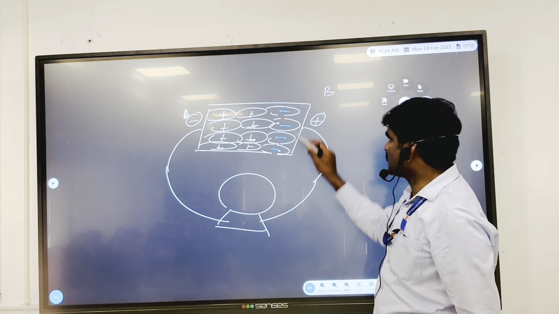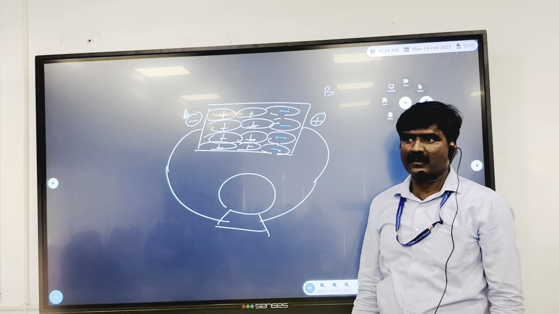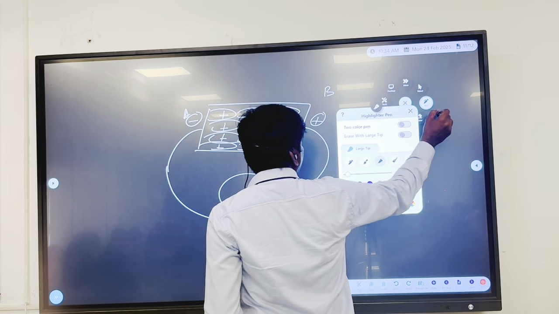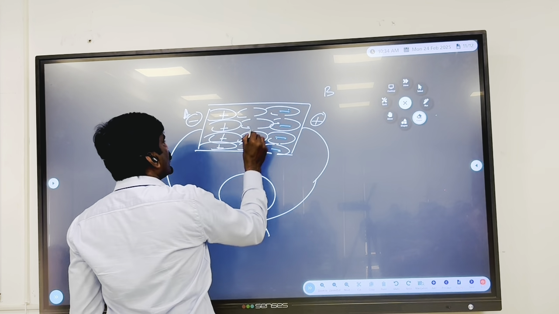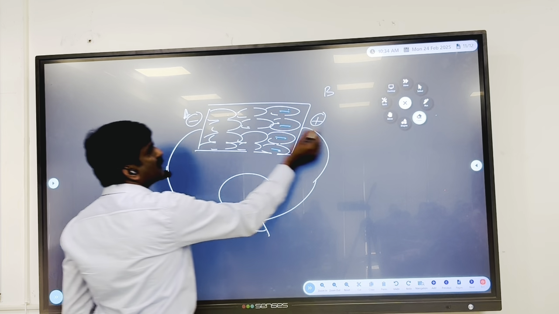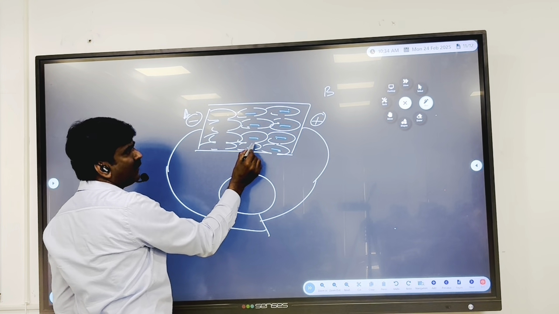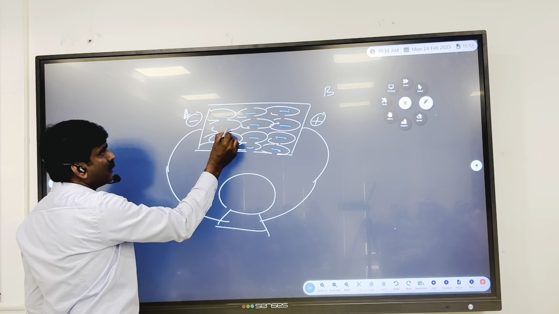So this cell has become negative first. After that, the second row will become negative, and after that, this will become negative.